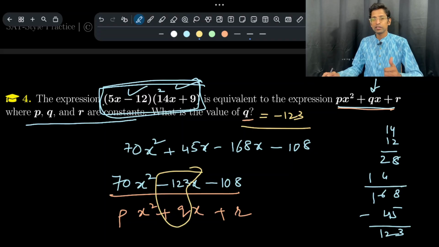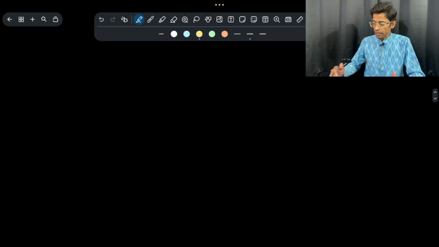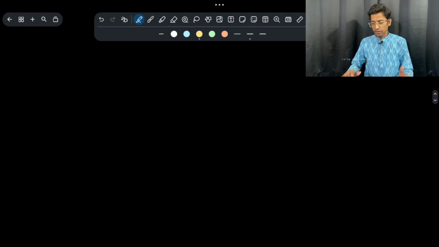And I would be providing you two PDFs. One is the class notes which you are seeing here, and another one is the exact same notes without any annotations.